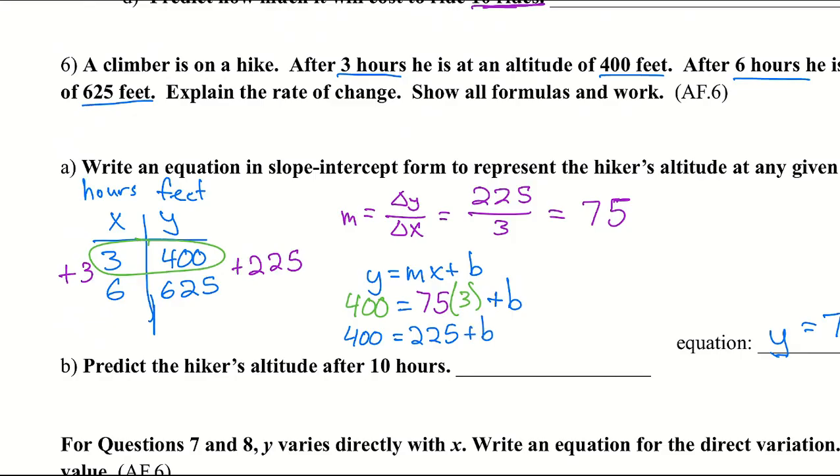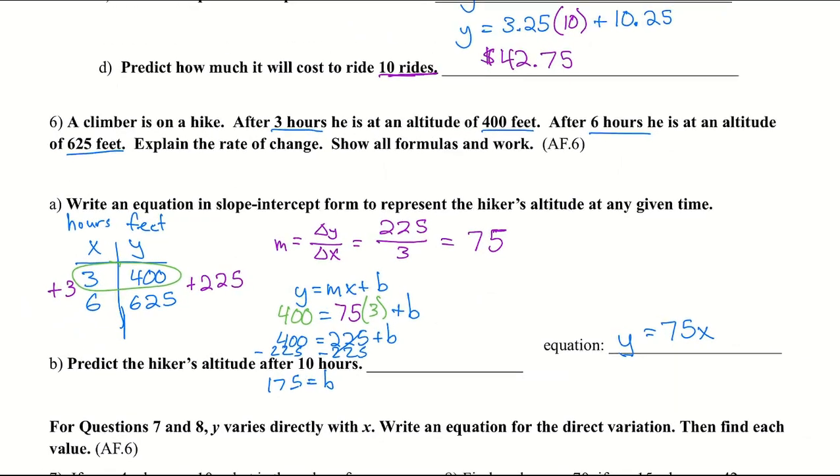From there, I'm going to subtract 225 to get 175. So 175 equals b.